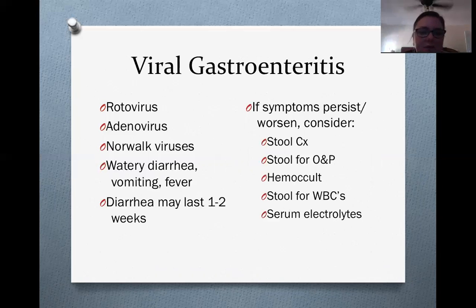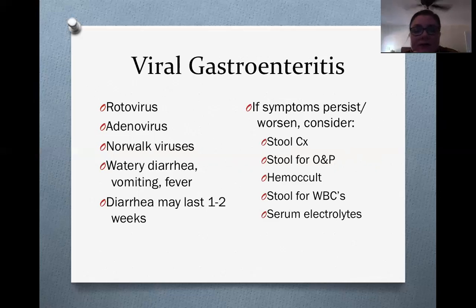And now with the rotavirus vaccine, the number of hospitalizations for dehydration from rotavirus has gone down significantly. Norwalk virus, that's when you'll hear of outbreaks, like on cruise ships and things like that. But we need to know that and reassure parents that a viral diarrhea illness may last up to 2 weeks.